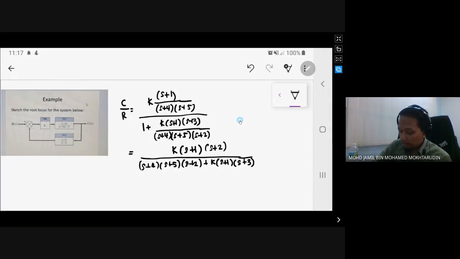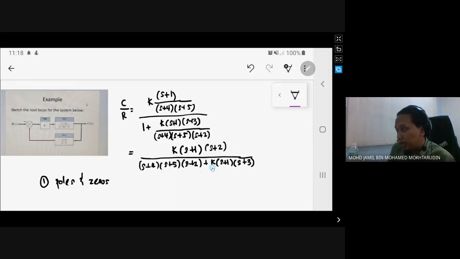And then from here you determine the poles and zeros. The first step is always to determine poles and zeros. Since this is not unity feedback, you cannot determine poles from G(s).